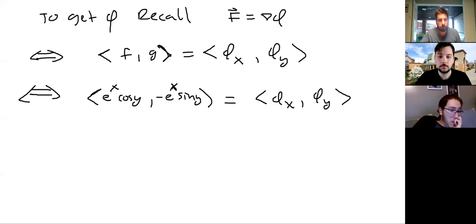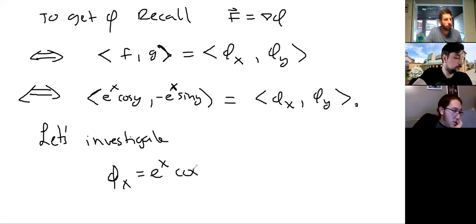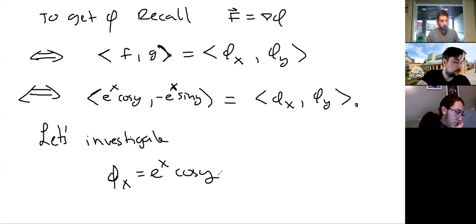So here's what I'm going to tell you to do. I want to investigate the partial of phi with respect to x, which equals e to the x cosine of y. How am I going to investigate? I am going to integrate.